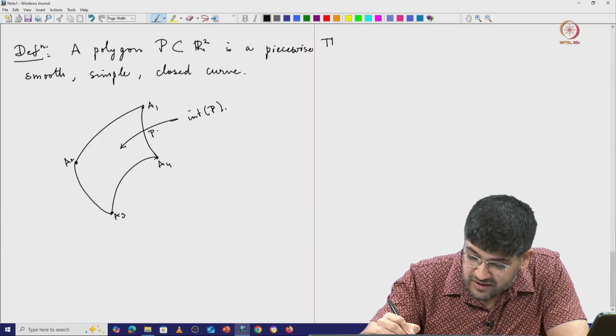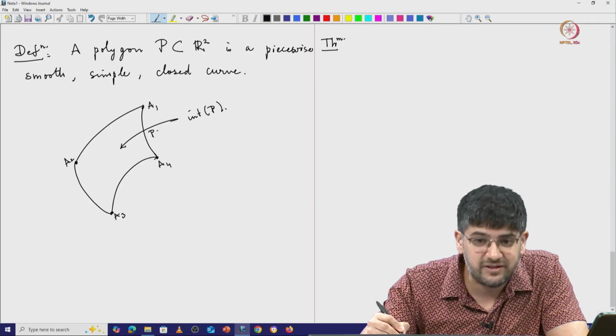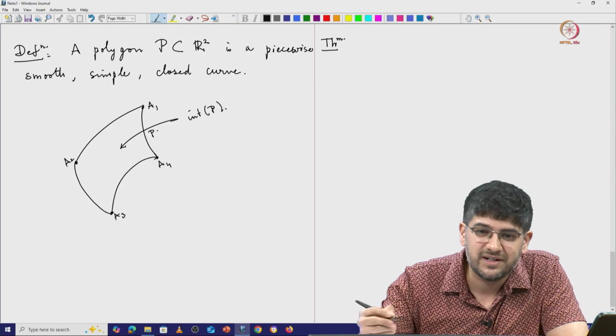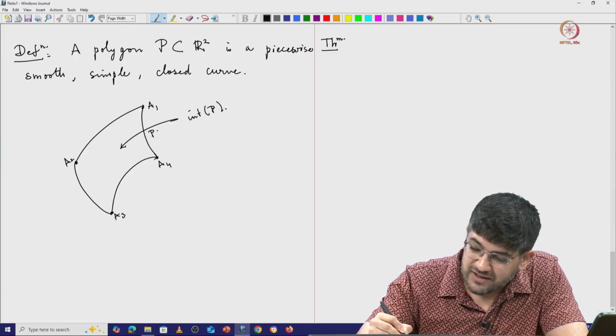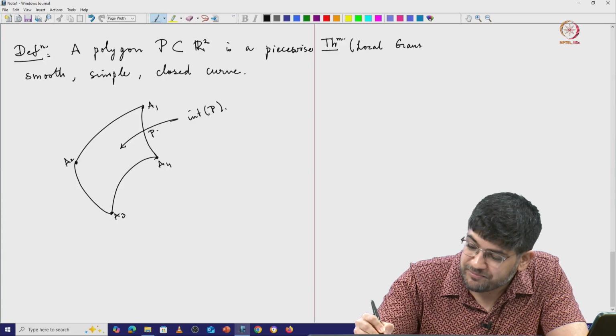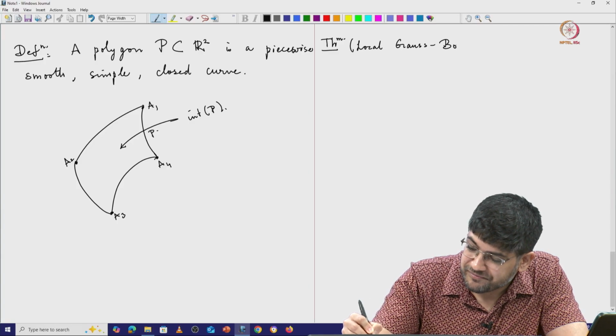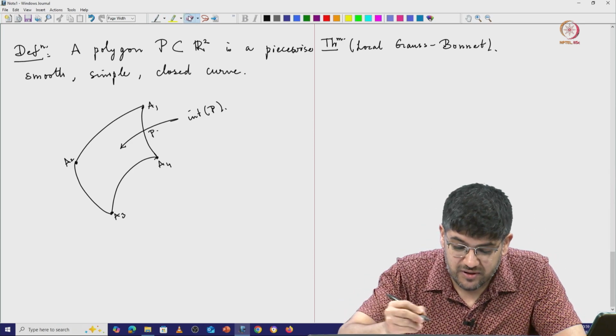So now I can finally state the generalization of the angle sum property for curved triangles or curved polygons in the plane. This goes by the name of local Gauss-Bonnet theorem in R2.